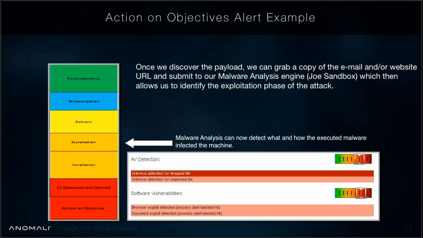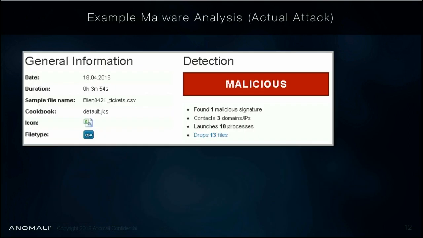Okay, so we've part of the URL, we drop that, we see that the actual code exploited a couple things here, started some processes, and we can start to glean that information out of the sandbox and put it into threat stream.